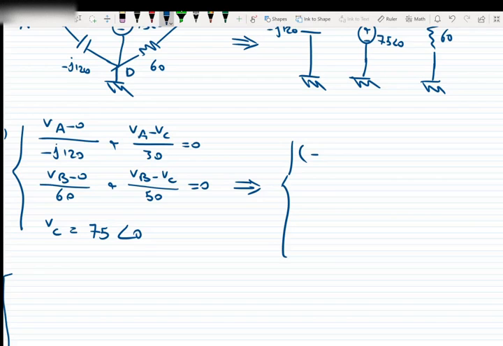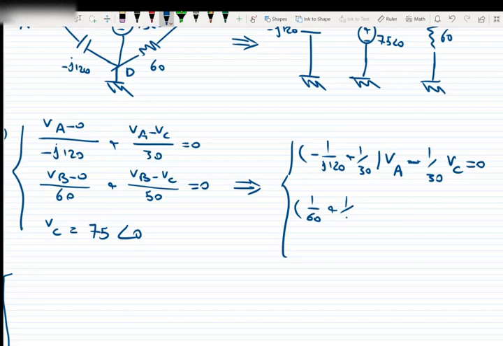So we will have negative 1 over J120 plus 1 over 30 times VA, minus 1 over 30 VC is equal to 0. 1 over 60 plus 1 over 50 times VB, minus 1 over 50 VC is 0, and VC of course is equal to 75 with the angle of 0.